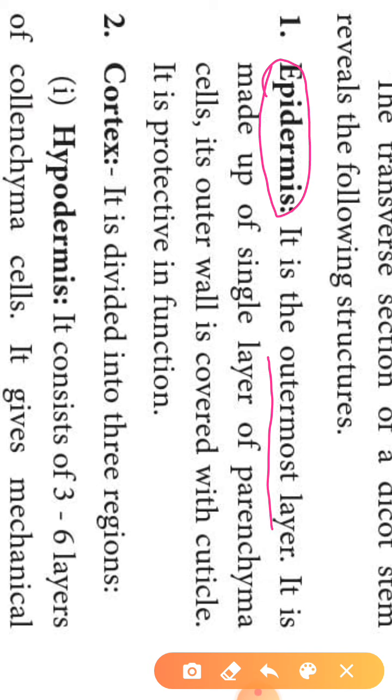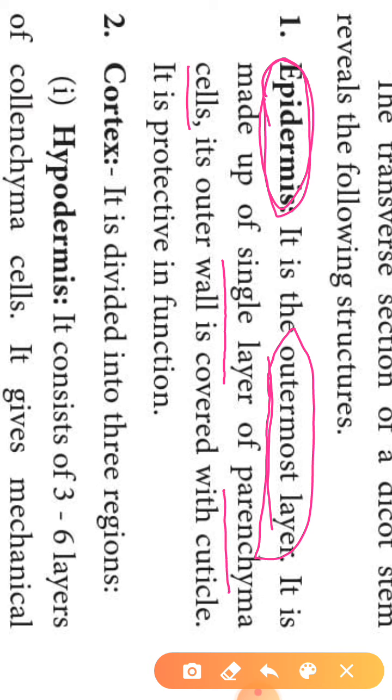Epiblema and epidermis are always the outer layer. Epiblema is made up of a single layer, which means only one layer, of parenchyma cells.